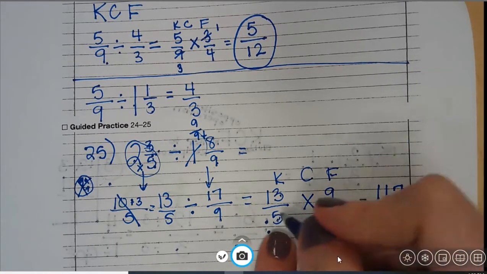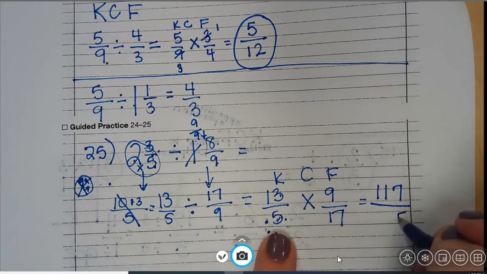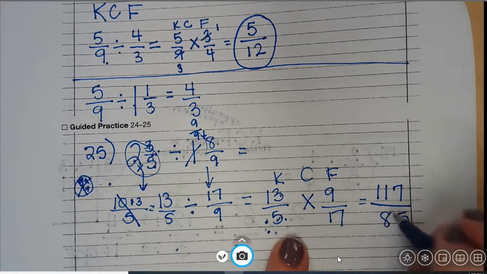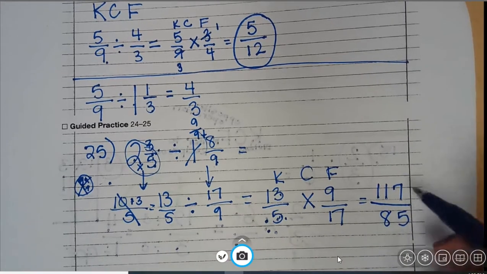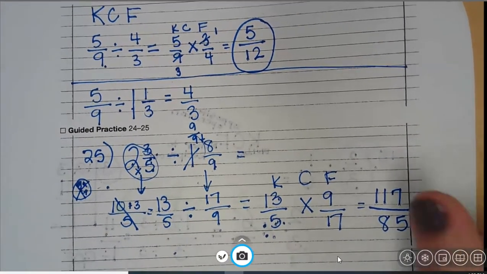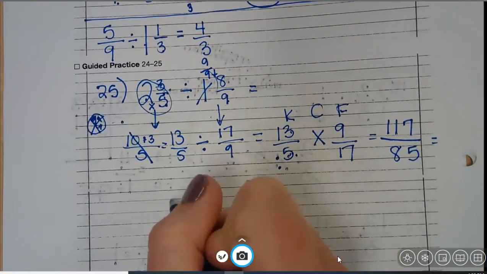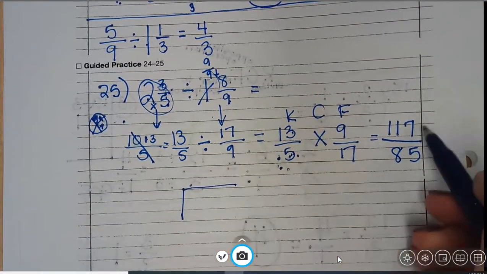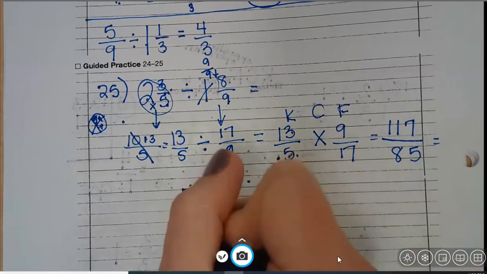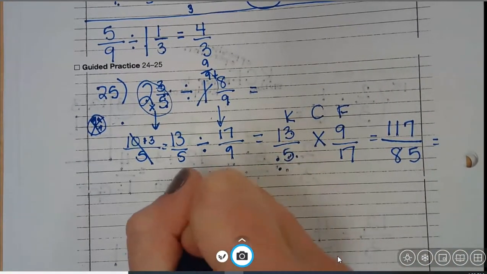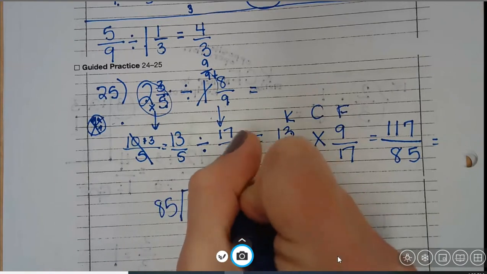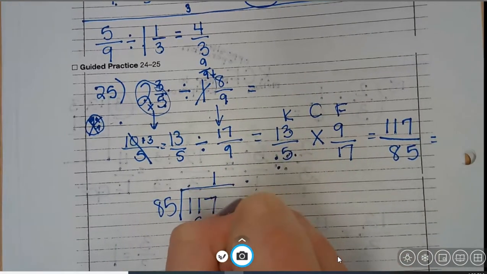And then this is something I just need to simplify now. Since this is an improper fraction, this is the point where you're going to say 117 divided by 85. 85 goes into that one time. And then you subtract, and you have 32. So it's 1 and 32 85ths.